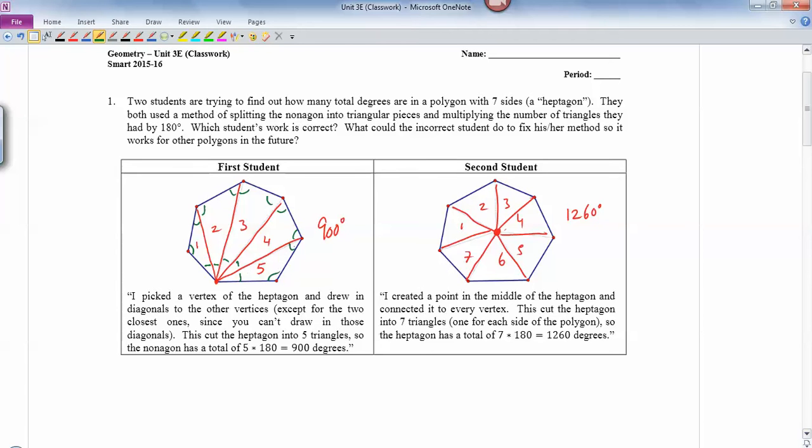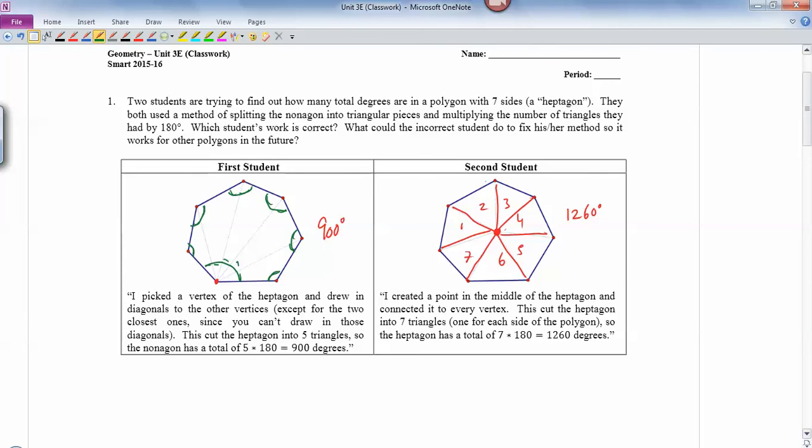If you put all of the angles of the triangles together, notice what you form here is that whole angle, this whole angle, that whole angle, that whole angle, and this angle. So if I get rid of the actual triangles that I just drew in, the green stuff forms the angles of the polygon, the angles of the heptagon. So the 900 seems like that should be right.